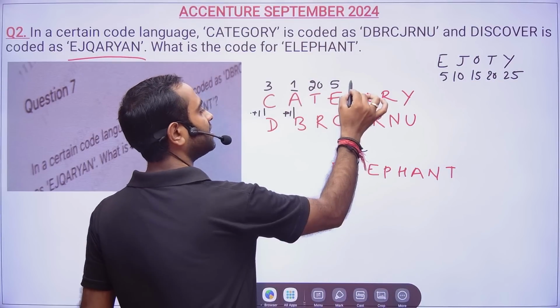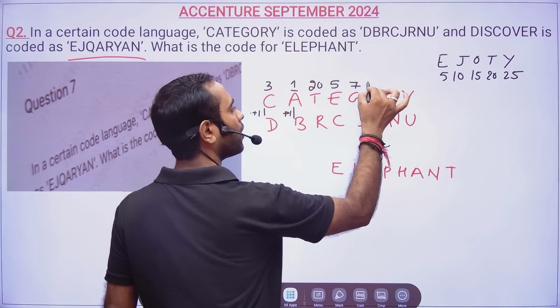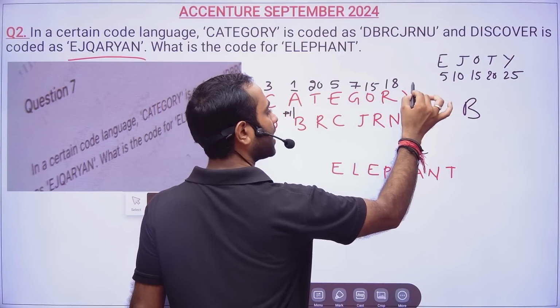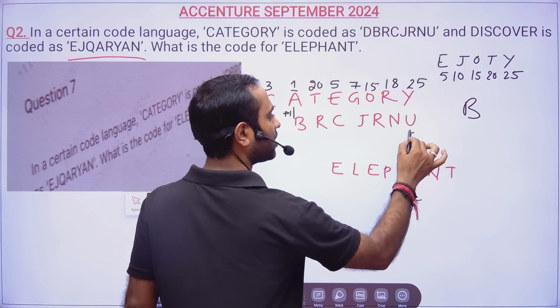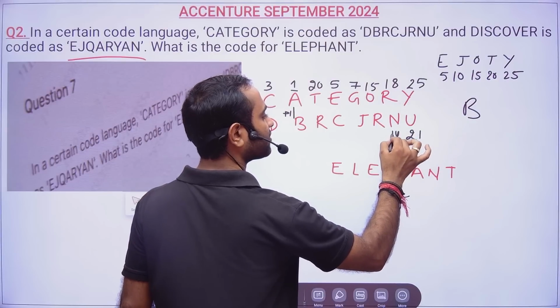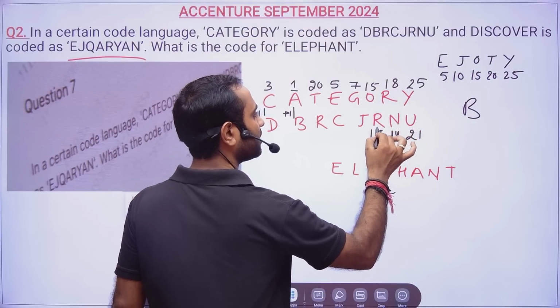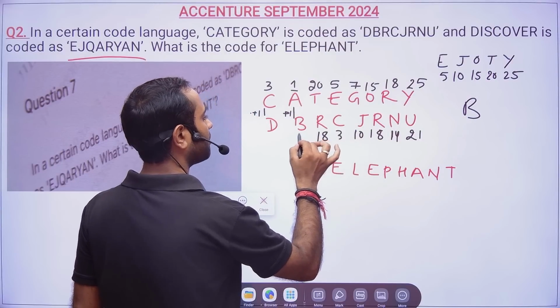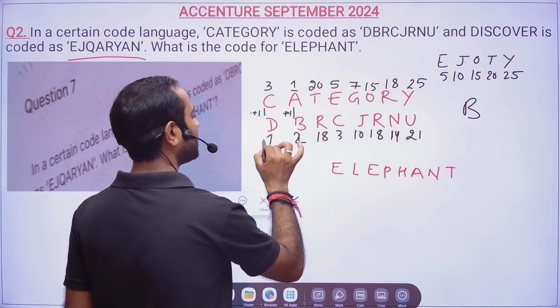G7 countries, O is 15, R looks like 8, Y is 25, U is 21, November 14 Children's Day, R is 18, J is 10, C is 3, R is 18, B is 2 and D is 4.